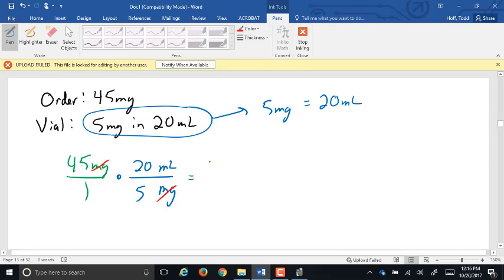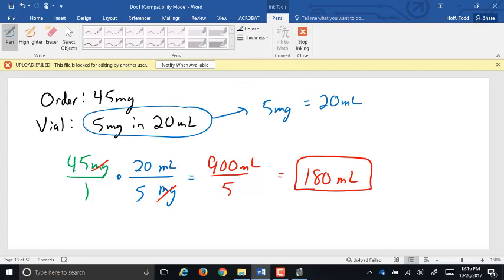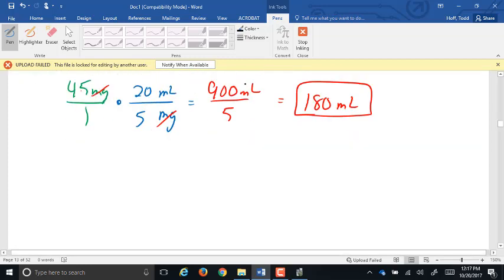45 times 20 milliliters is 900 milliliters. 1 times 5 is 5. 900 divided by 5 is 180 milliliters. This process works with just about anything. For example, let's say your bottle says 4 milligrams per kilogram for the patient.